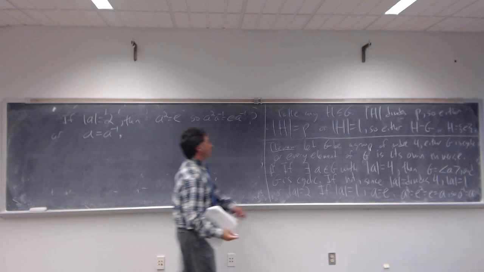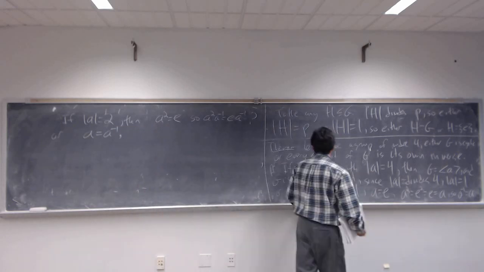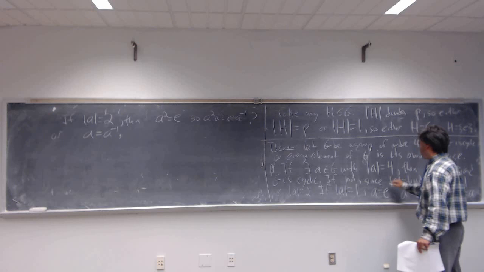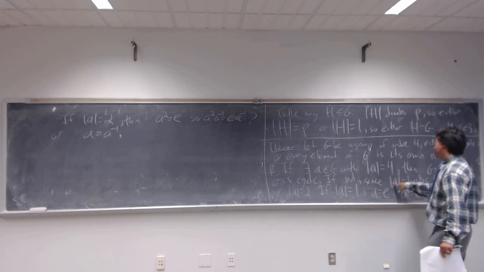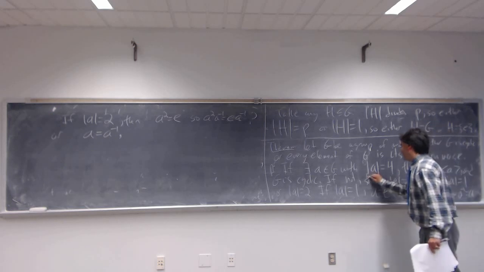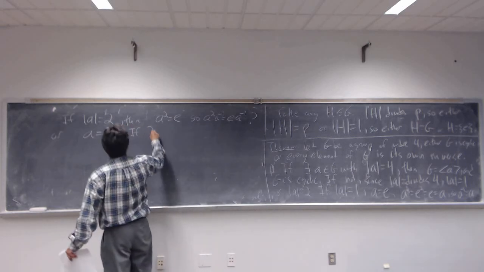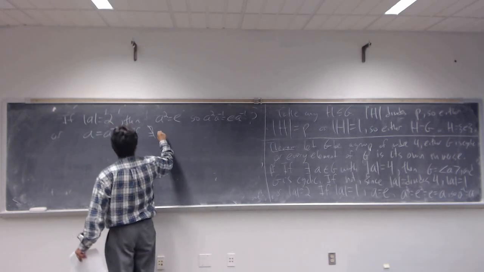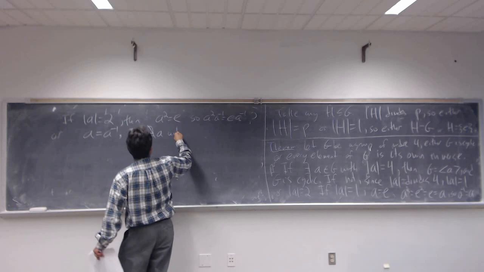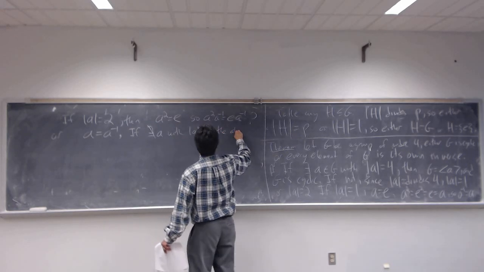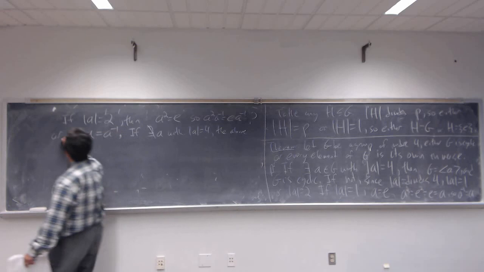So either we have such an A with order 4, or if not, if there doesn't exist an A with order 4, the above holds for all A in G.